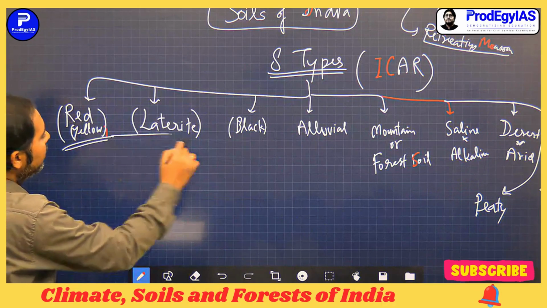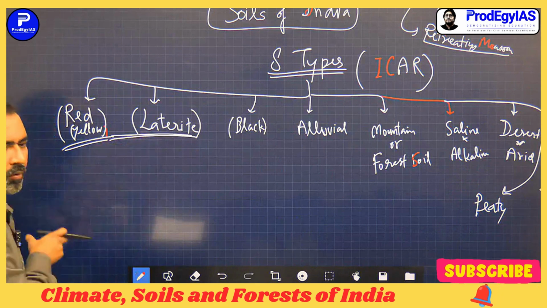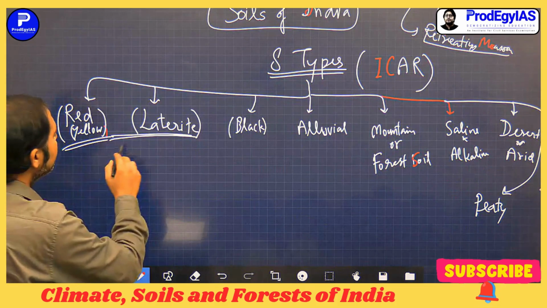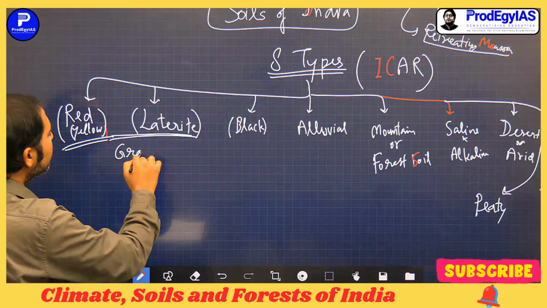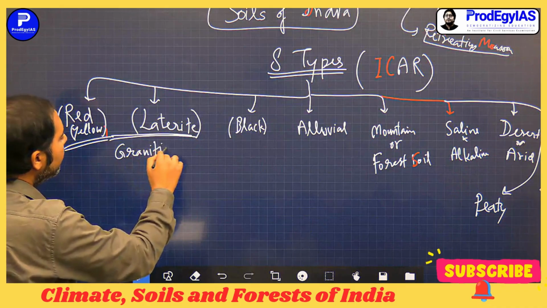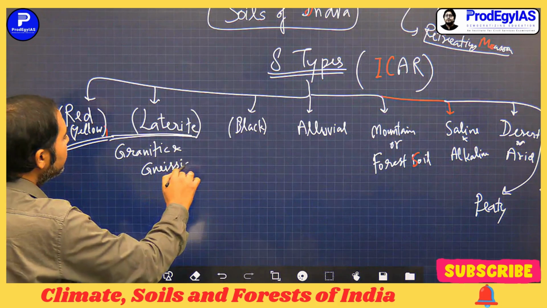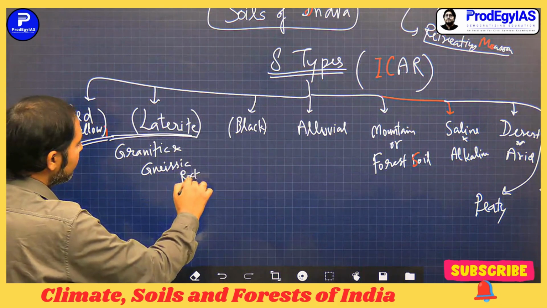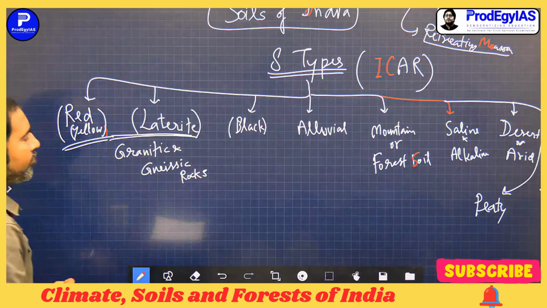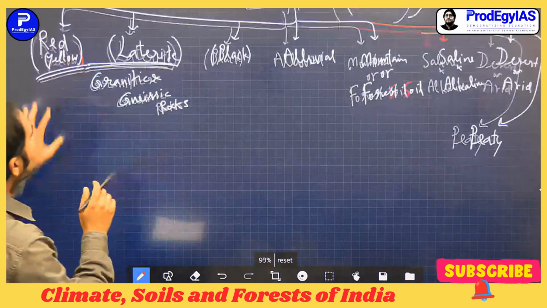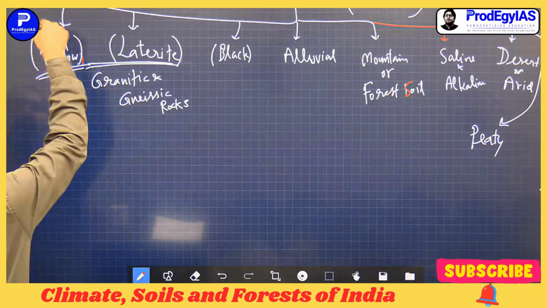How this and this, they develop on the same type of rocks, granitic and gneissic rocks. There is only a slight difference. They are found in high rainfall areas.